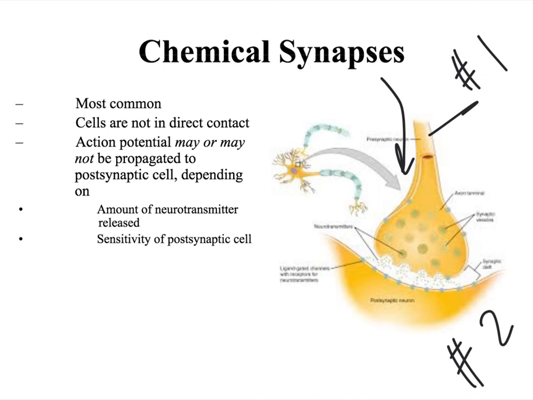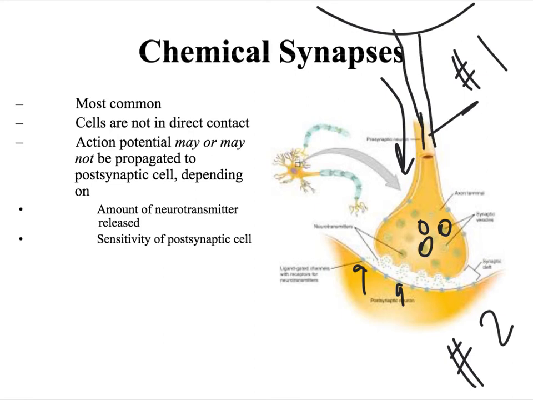There's going to be some variation in the information passed, and it's going to depend on the type of neurotransmitter, which is located in these little vesicles, and on the sensitivity of the receptors you'll find in the postsynaptic cell. So remember what happens. You've got a neuron up here somewhere, with the axon coming down.